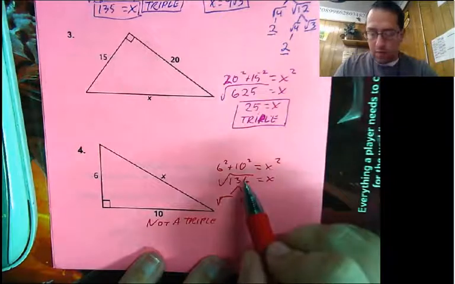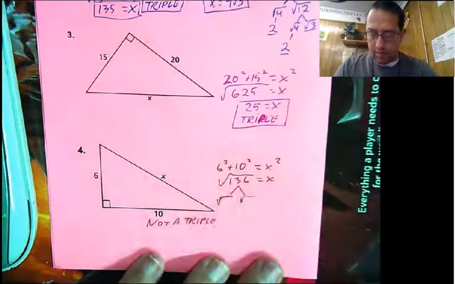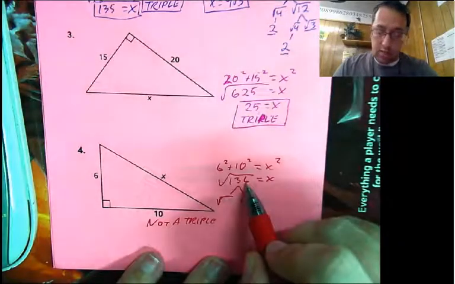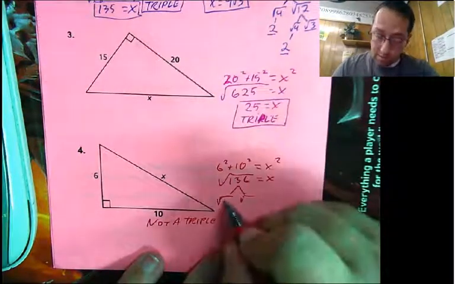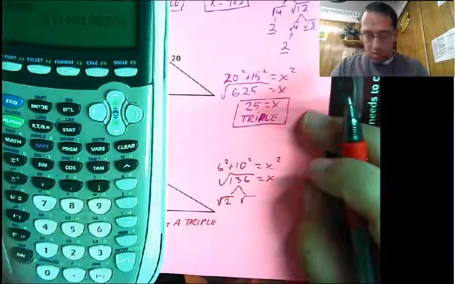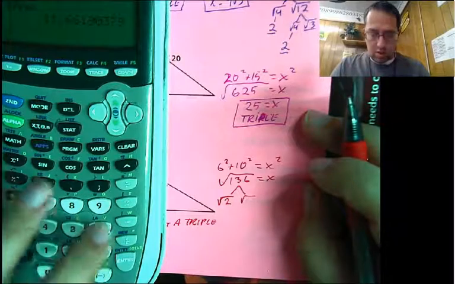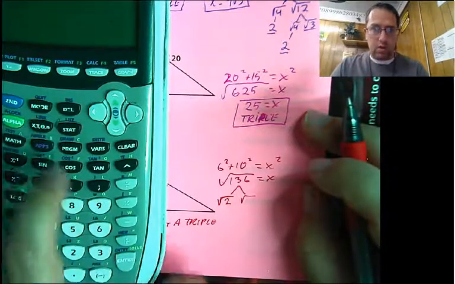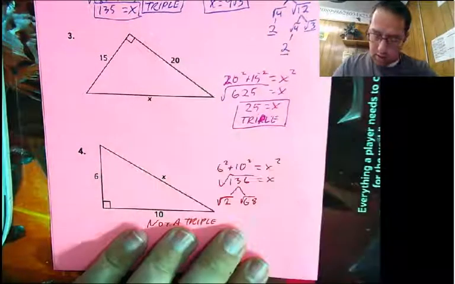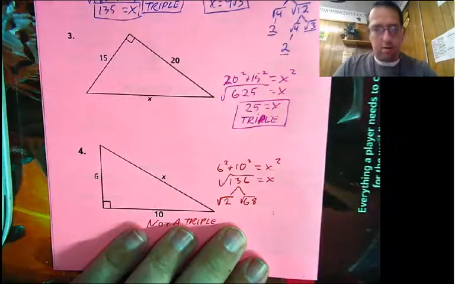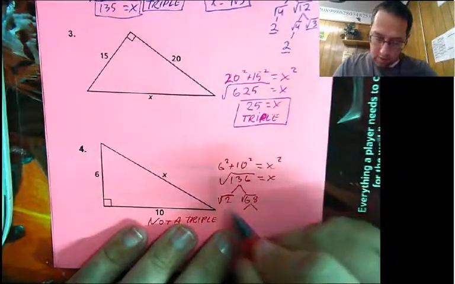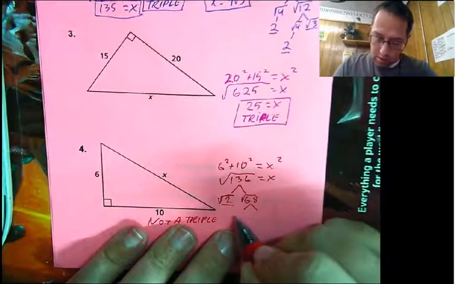Okay, let's see. Well, 136 is not a perfect square. It is divisible by 2. I know it's even, so it's divisible by 2. So 2 times what? 136 divided by 2 is 68. Neither one of those are perfect squares, so we're going to do this again. 2 is prime, so that's done.